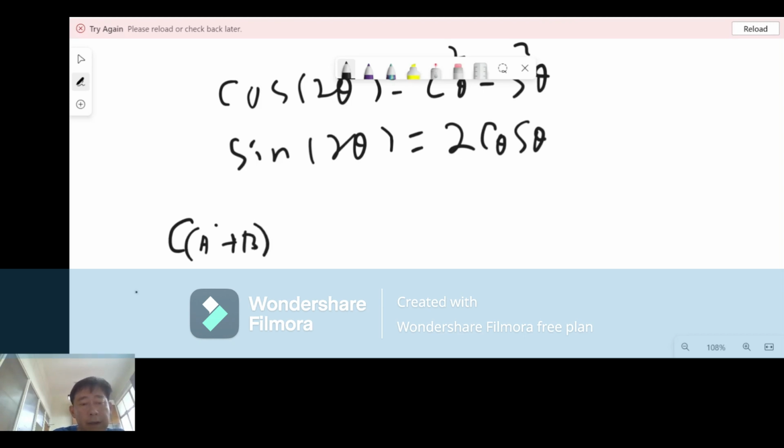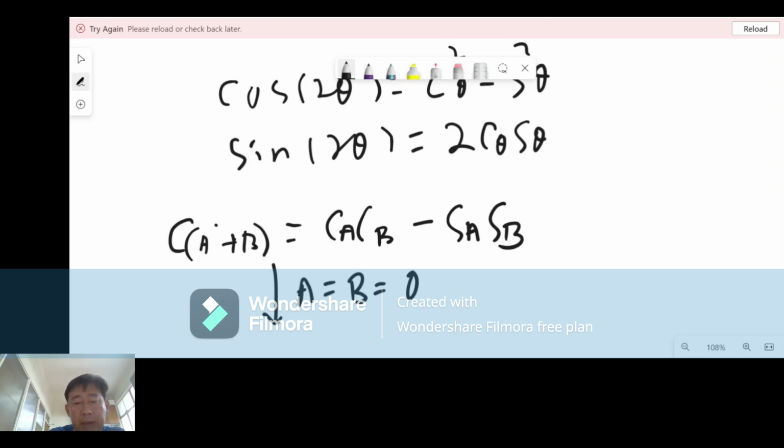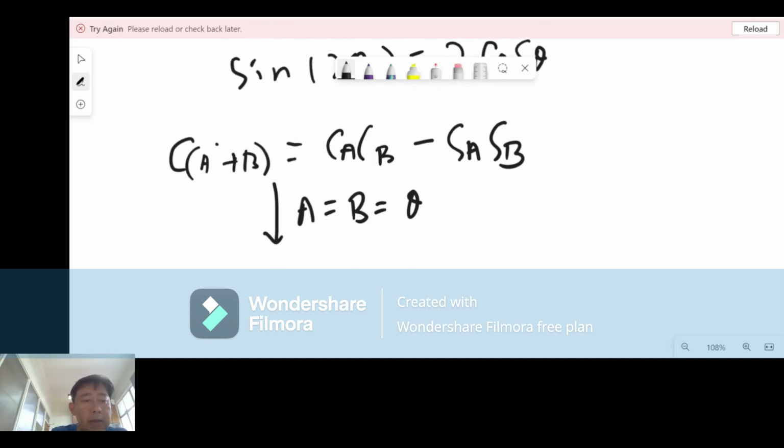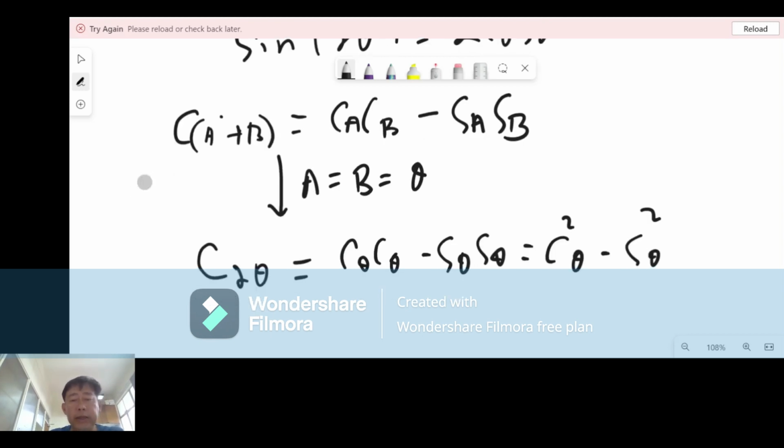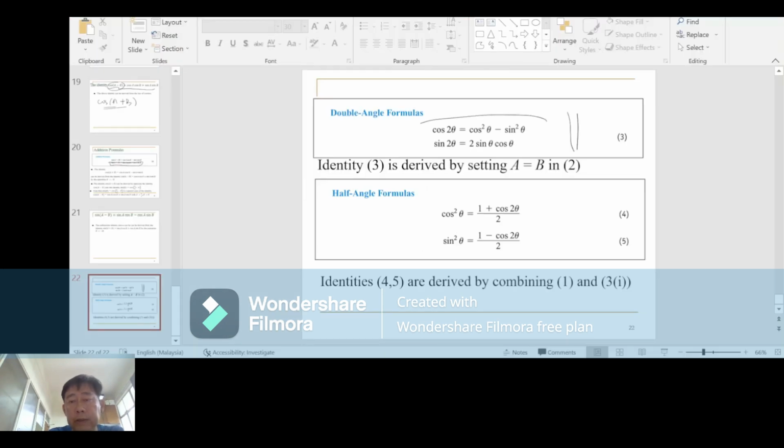The cos of A plus B, as we mentioned earlier on, is just equal to cos A cos B minus sine A sine B. So by making A and B the same, and you call that angle theta, then cos of A plus B is just cos 2 theta, and you have cos theta cos theta minus sine theta sine theta, and that's just cos square theta minus sine square theta. So that is the identity of this one.